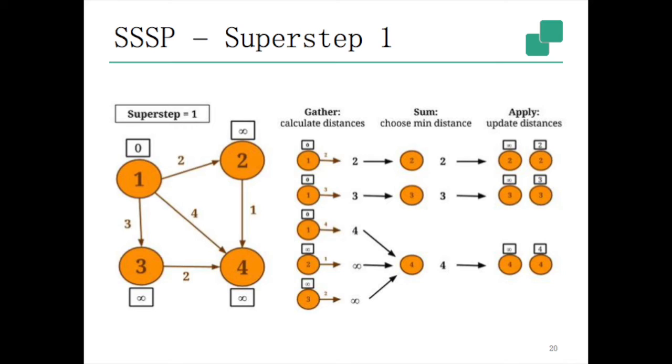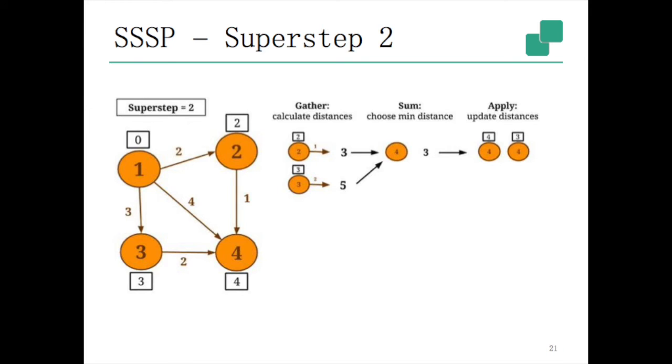And what happens is that in the sum step, we just look at the received values. So in this case, 2 will choose 2 as a minimum, 3 will choose 3, and 4 will look at its received values, 4, infinity, infinity, and chooses 4 again. In the apply step, we now look at what we had before, what was our previous value, and what's the newly received minimum. And if the minimum updates our value, as happens in all the cases, then we change the vertex value.